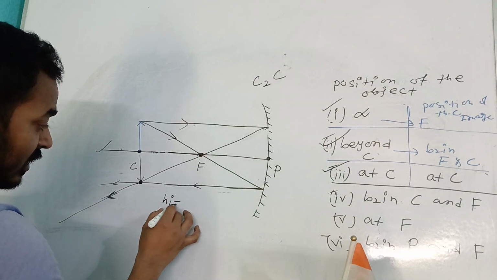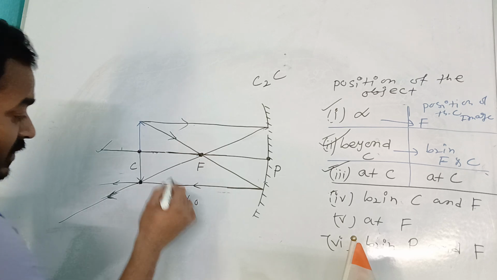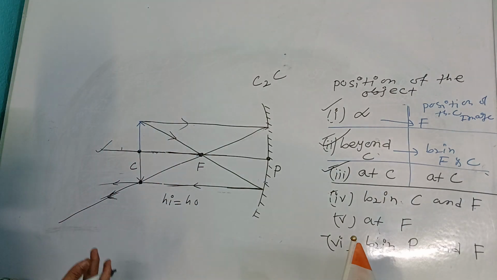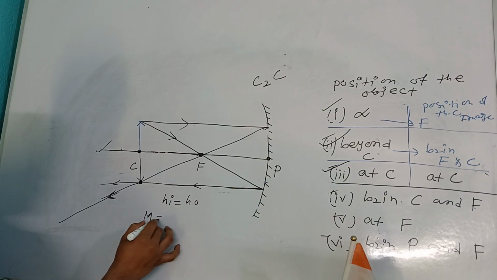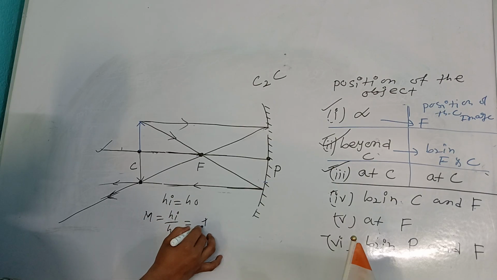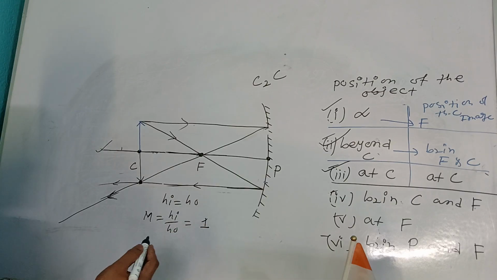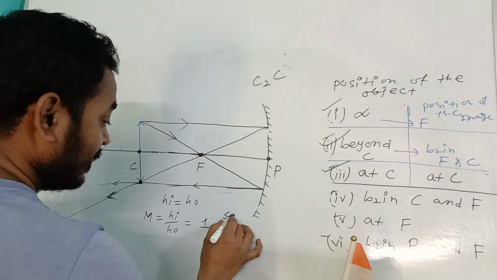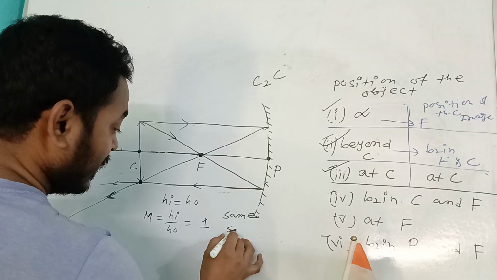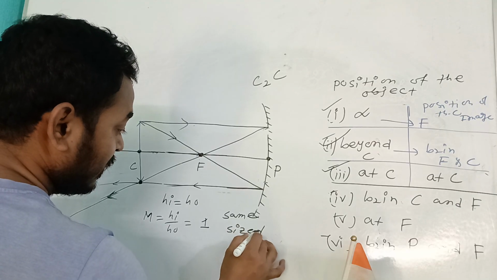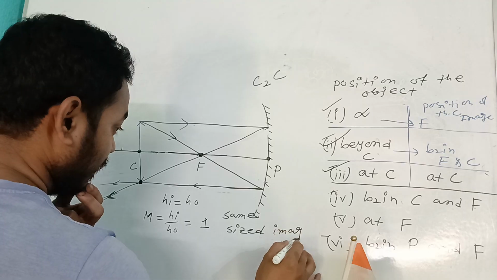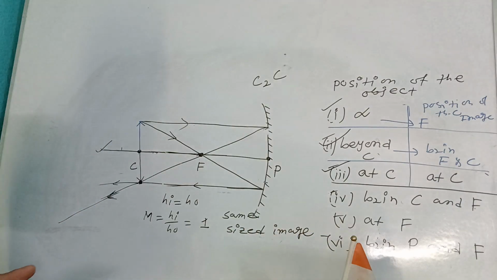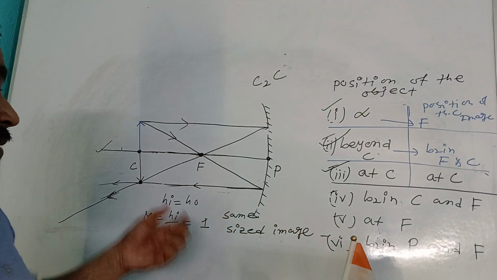Now see, if you measure this, you will get hi and ho are the same, meaning the height of the image and the height of the object are the same. So magnification hi by ho is equal to 1, meaning same sized image. Now the question is, when will the same size image form?